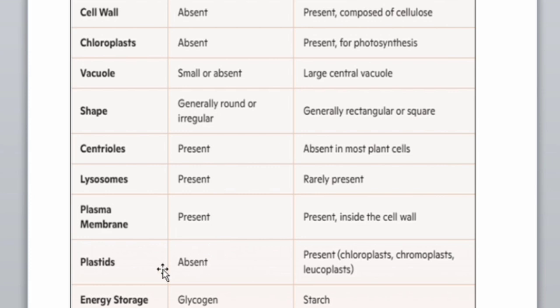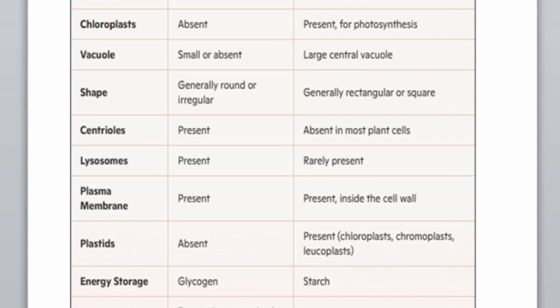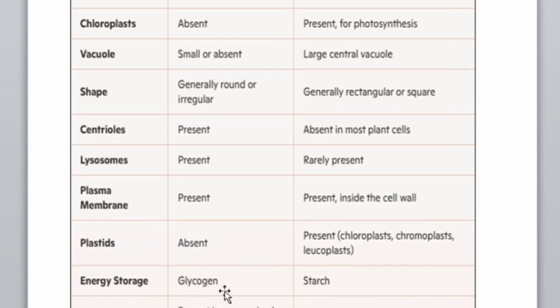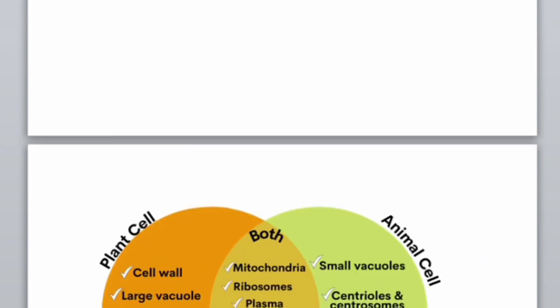Plastids are absent in animals whereas present in plants, which include chloroplast, chromoplast, leucoplast. Energy is stored in animals in the form of glycogen, whereas in case of plants, it is stored in the form of starch. Cilia and flagella are present in some animal cells, whereas rarely present in plant cells. So from this picture, it becomes more clear.